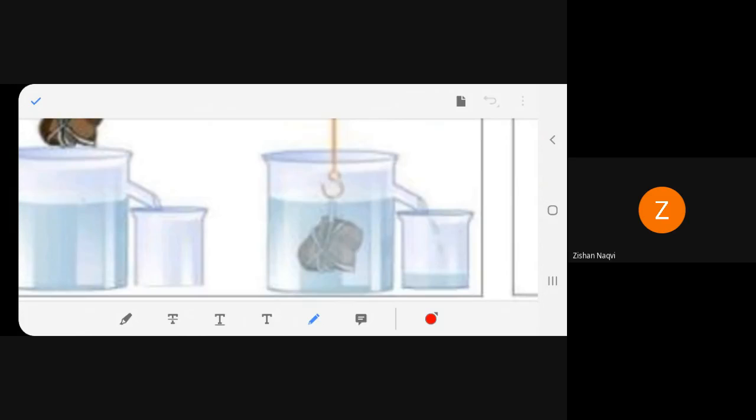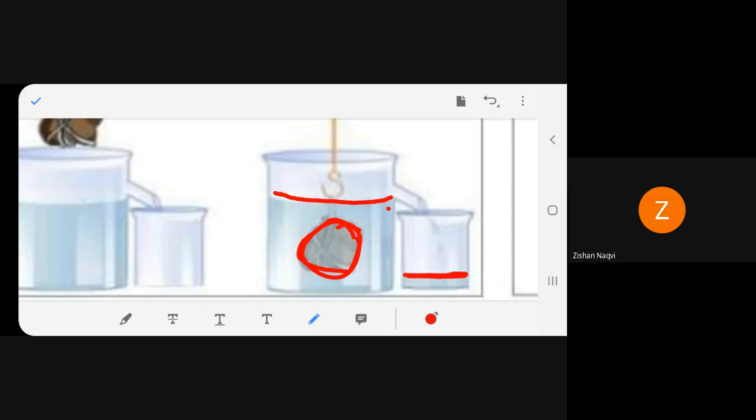Now you can see the level of water is below the spout, so obviously water does not come out. As soon as this stone is immersed in the water, the level of water comes up. And the water displaced by the stone is this much.